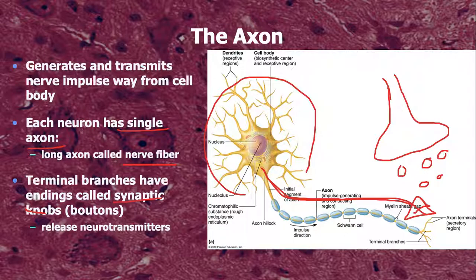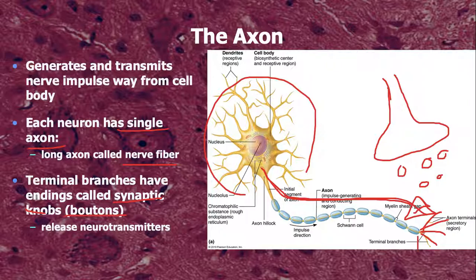Or, if you want to get fancy, you can call them boutons. I'm serious, guys. They're boutons. And their job is to release the neurotransmitters. Now, even though we only have one axon, it does branch here at the end.